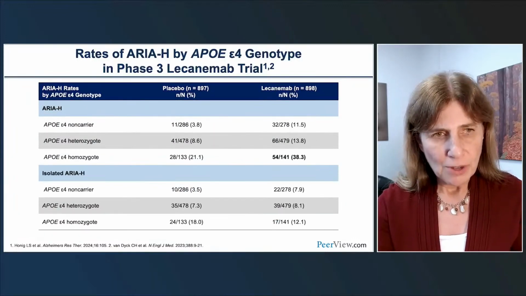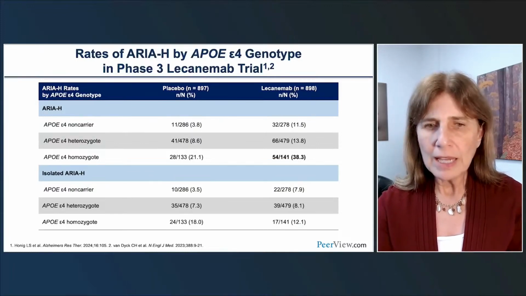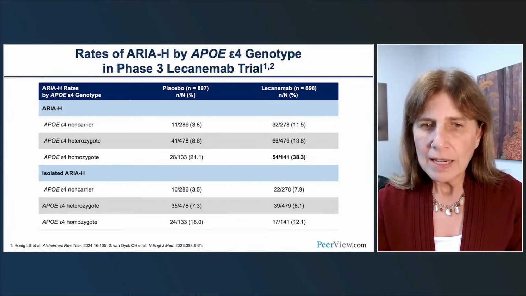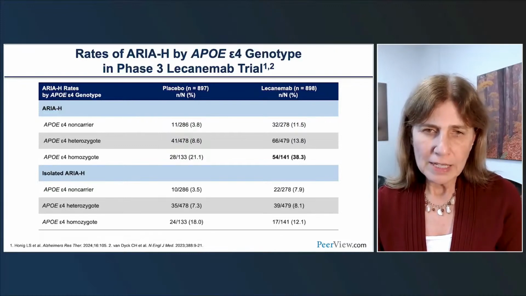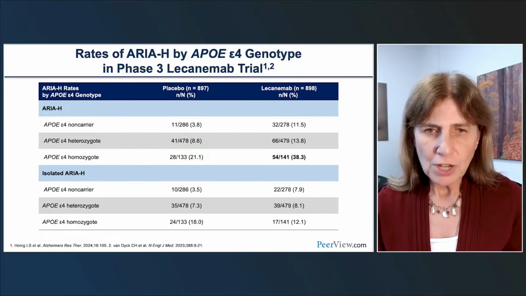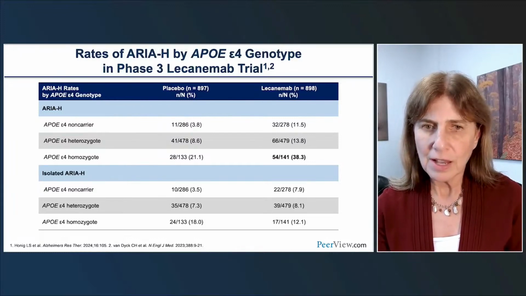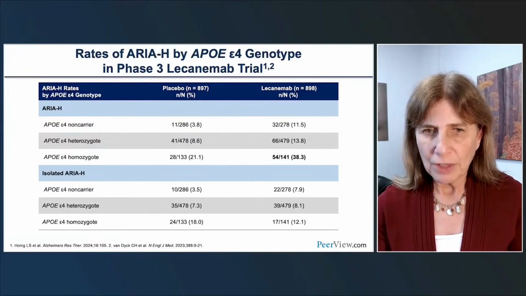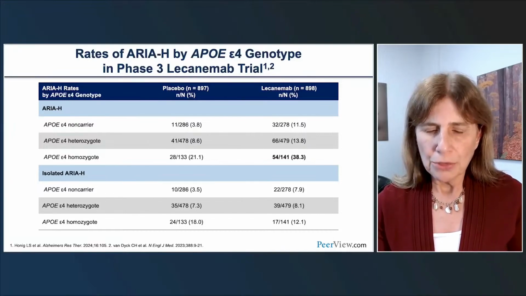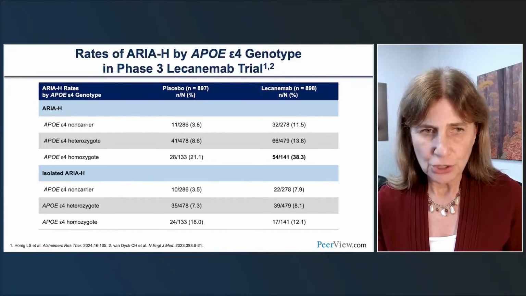What we were talking about was ARIA-E. When we look at ARIA-H, if you look at the last column, again, you will see an increase in ARIA-H rates depending on genotype. The rates are very similar between the non-carriers and heterozygotes. The heterozygote E4 carriers have a little bit higher rate, from 11.5% they go up to 13.8%, but there is a 38.3% ApoE4 homozygote rate for ARIA-H.